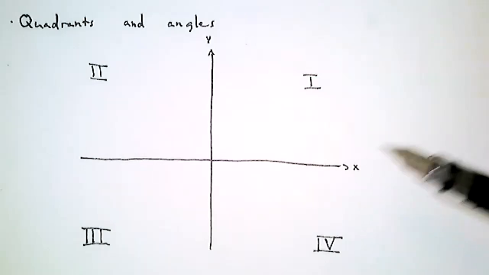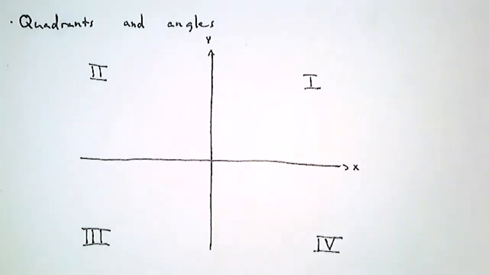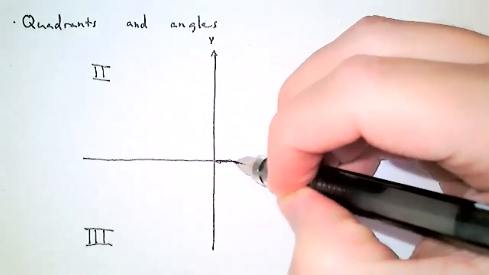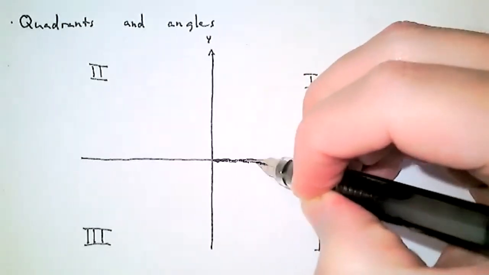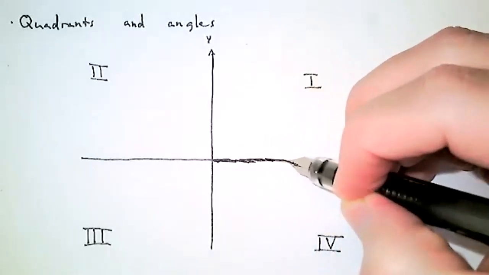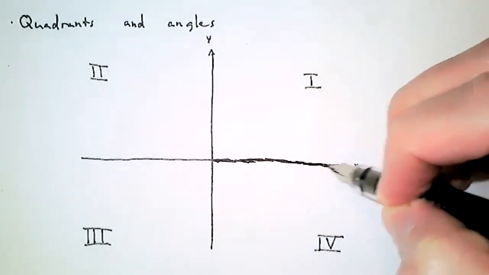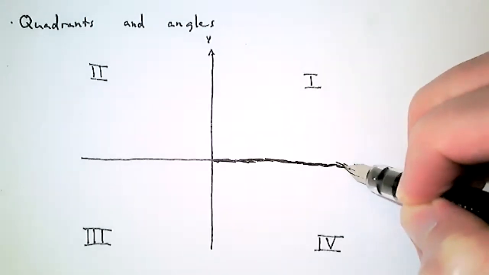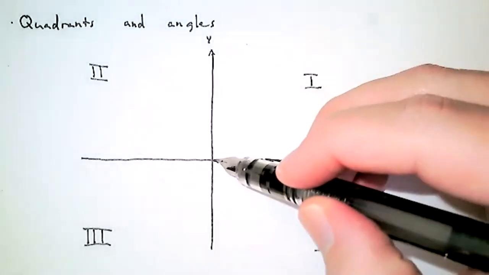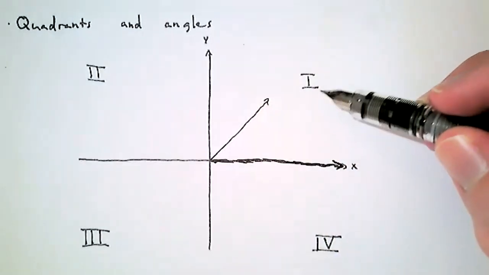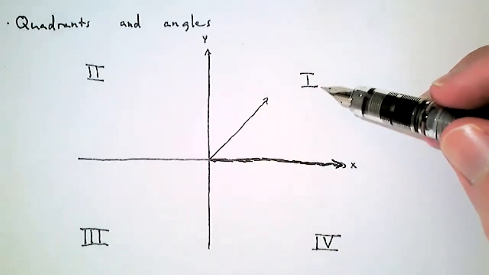Okay, and something that you might be asked on a homework is, what quadrant does an angle end up in? So what quadrant is your terminal side in? So if I have a terminal side here, we would say the corresponding quadrant is 1.